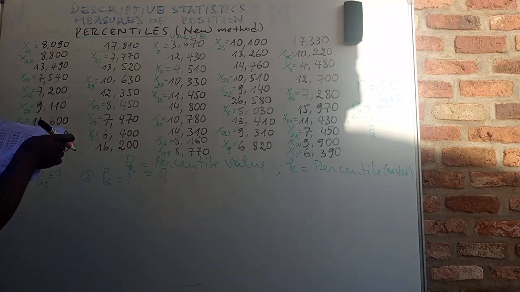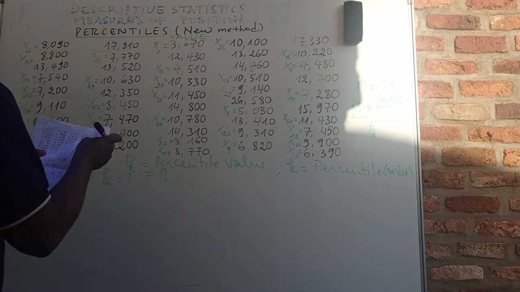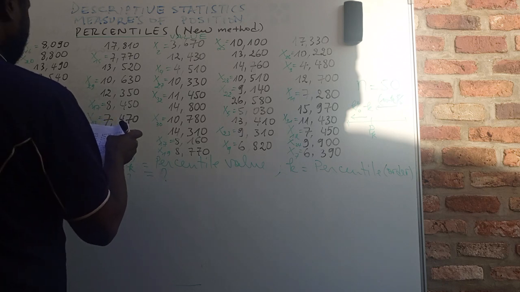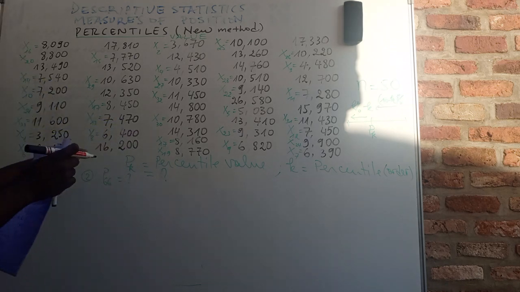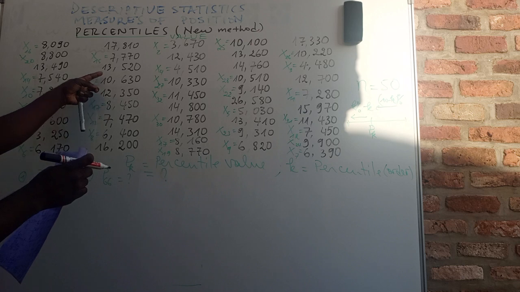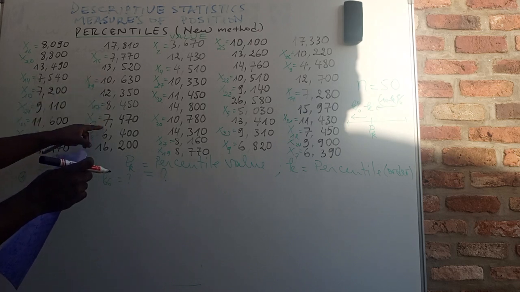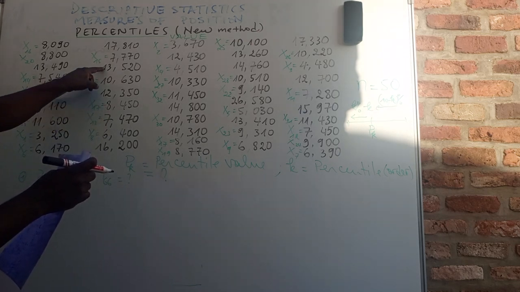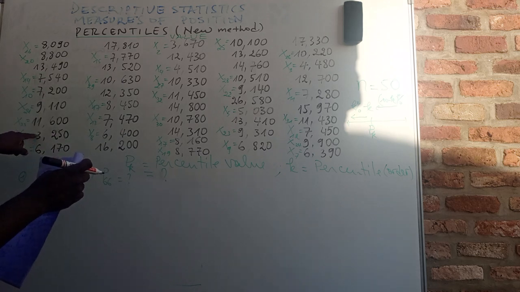It is 11860 because here we have 1, 2, 3, 4, 5, 6, 7, 8, 9.